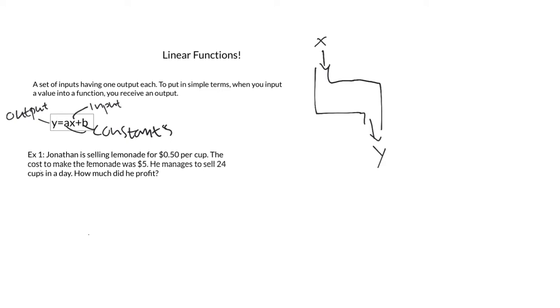So, if we have a function with the value a equals 3 and b equals 2, for example, we're going to get the linear function 3x plus 2. And you see, y is dependent on the value of the input, x.